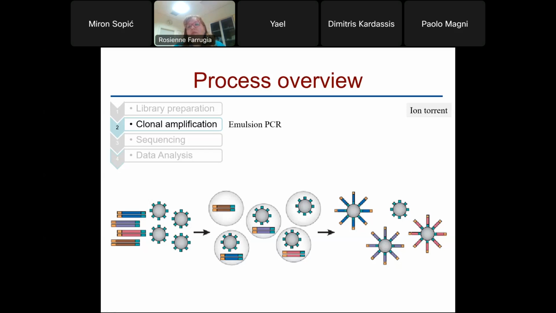When we sequence, if you have a single DNA molecule, the fluorescence it generates or the pH change it generates is too small to detect. But if you have multiple copies which are all exactly the same, generating the same fluorescent signal or the same H+ signal at the same time, then the signal is strong enough to be detected. So this is the reason why we need an amplification step. And Ion Torrent solved this by carrying out emulsion PCRs within micelles.